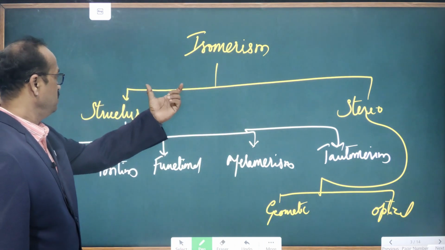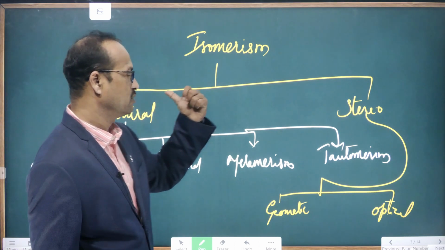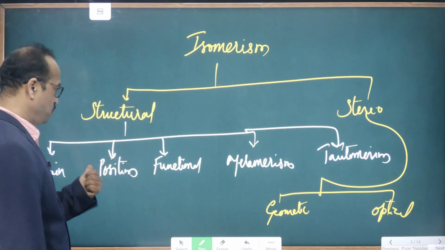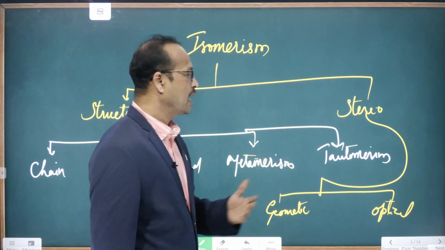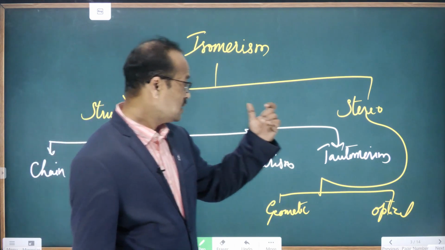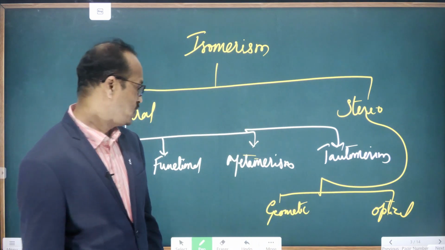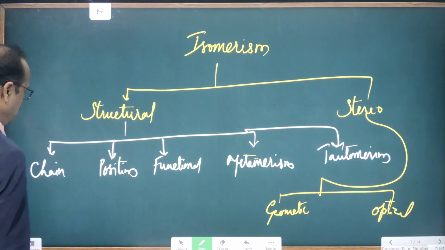So isomerism is of two types: structural and stereo. In structural, chain, position, functional, metamerism, tautomerism. And stereo, geometric and optical. So today we discuss structural isomerism.